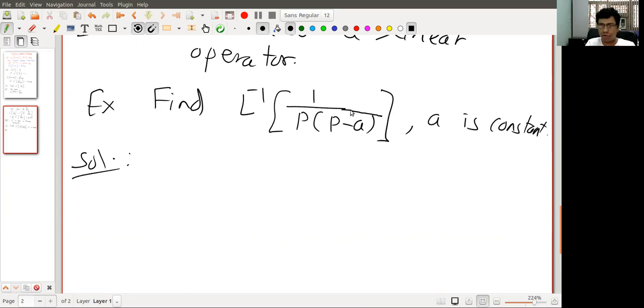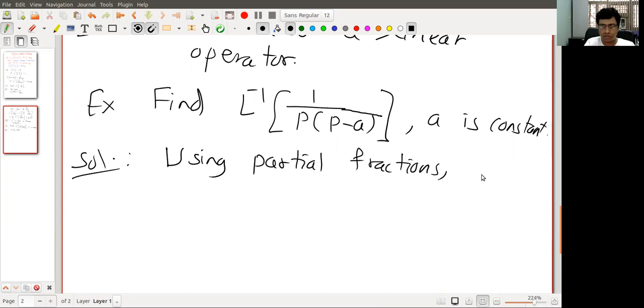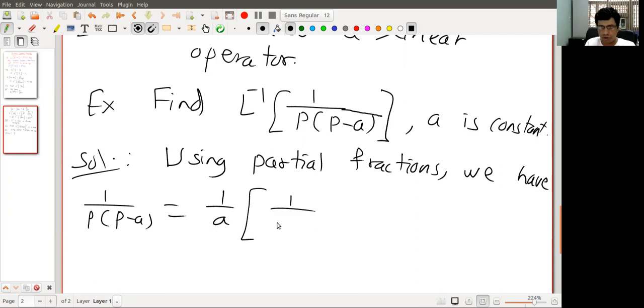Similarly, for the function 1 upon p minus a or constant upon p minus a. So using partial fractions, we have 1 upon p into p minus a equal to 1 upon a into 1 upon p minus a minus 1 upon p. You need to verify this.